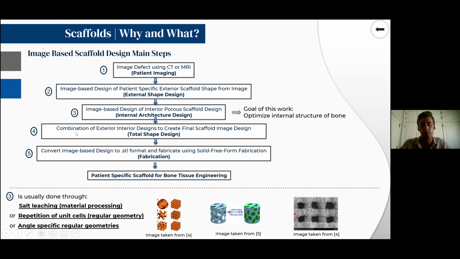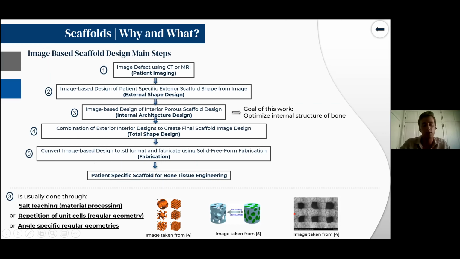At the fourth step, we joined both of these designs, the exterior design and the interior design, and we converted to a fabricable format that can be printable or that we can fabricate using other types of methods in solid freeform fabrication. Step number 3 is done usually nowadays in many ways, some of which are salt leaching or repetition of unit cells.